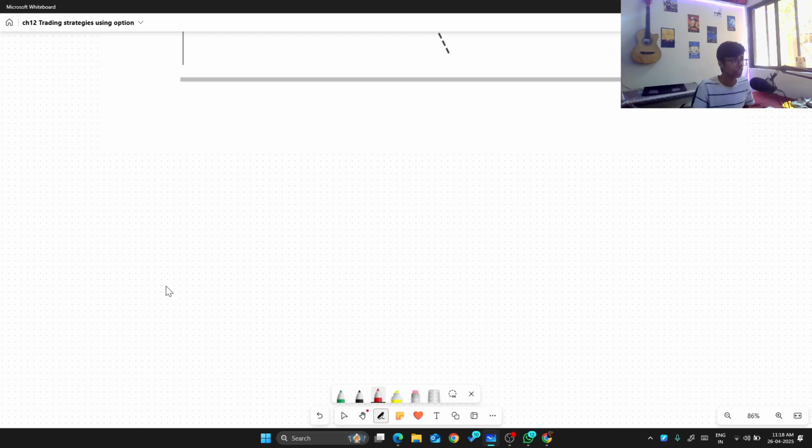So we decided K2, so K2 is equal to ST, and K2 is equal to 0.5, or half, sorry, half in between both of them, right? K1 plus K3.